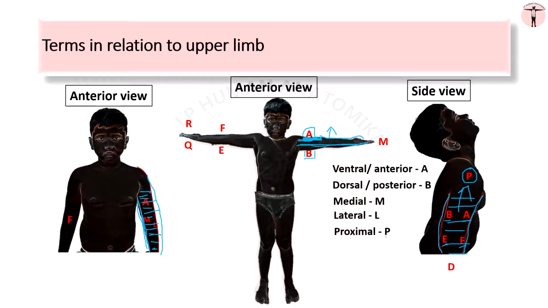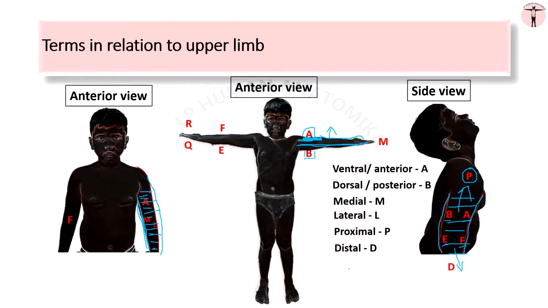Okay, distal is the part of the upper limb which is present close to the hand, or the fingers. So whatever structure is present towards the fingers, we call it distal.